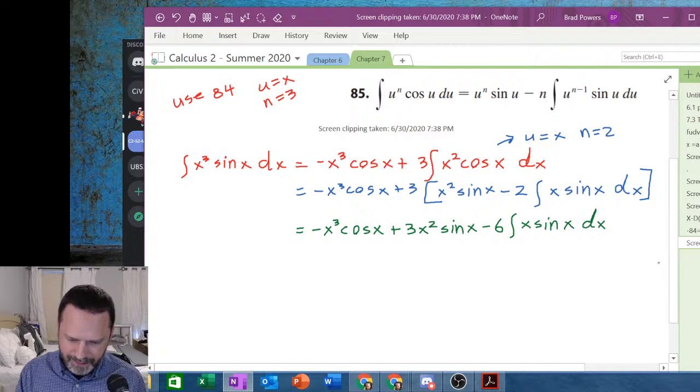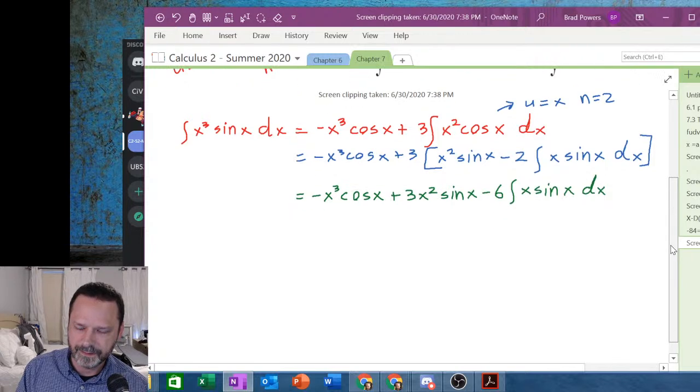And now it's x sine x. The integral of x sine x. And that seems familiar. Wait a second. Oh, yeah, and yes.